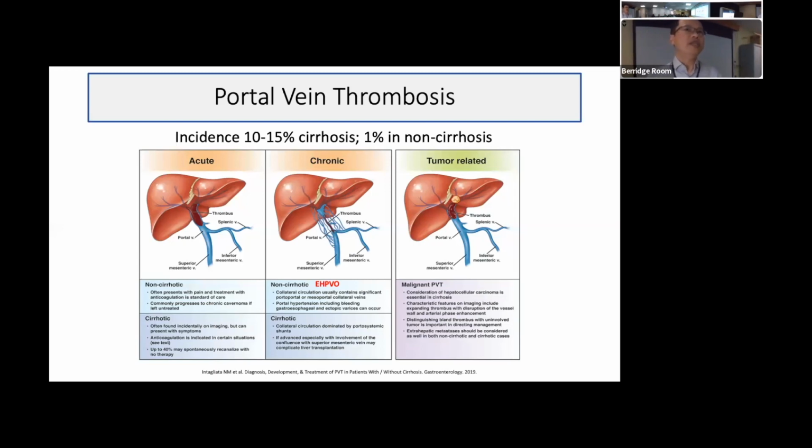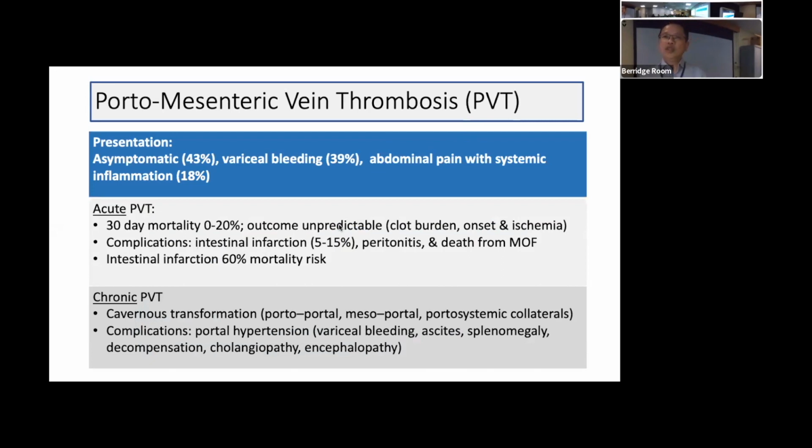The incidence of portal vein thrombosis varies, about 10 to 15% in patients with cirrhosis, and then a bit less in patients with non-cirrhotics. But those are the difficult ones to deal with. So in terms of presentations, almost half of them will be asymptomatic, and some of them will present with variceal bleed, and a number will present with abdominal pain associated with systemic inflammation, for example, fever and feeling very unwell.